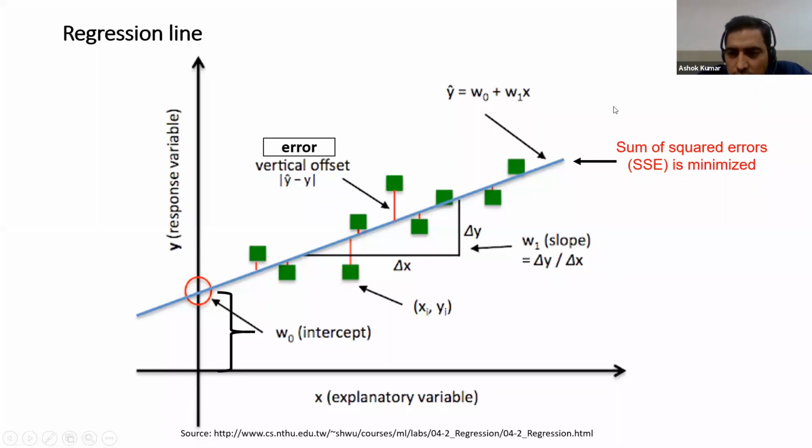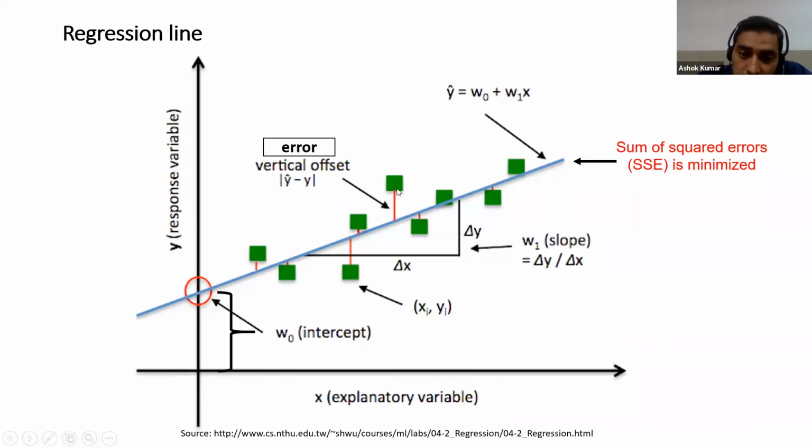And this is the sum of squared error. You can see here it is minimized if we use this line. This is the error: this is the observed value and this is the best fit line, and this difference is called error.